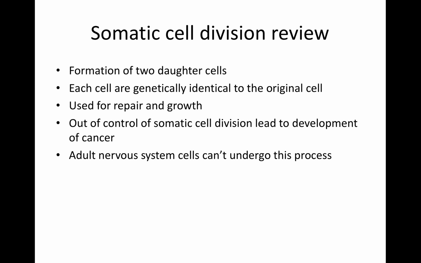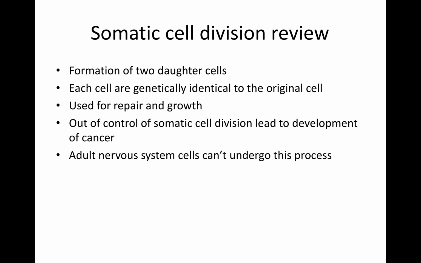A couple of points. As I mentioned, the genetic information is identical to the original cells. This process is used to repair and grow, as well as replace dead cells. If you have out of control divisions of cells through the process of somatic cells, I should say, you basically have some sort of cancer depending on the tissue.